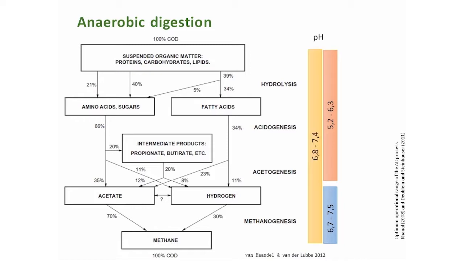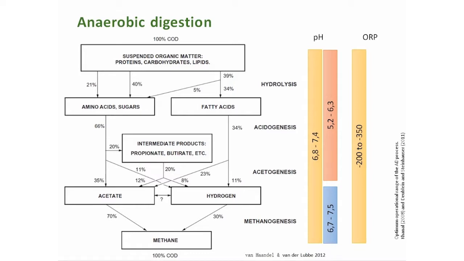So if we can have those two processes separated, then we can of course have a much more efficient process, because if we have them all together, the pH range optimal for the full consortium of microorganisms is much higher. So we need to maintain the pH for the methanogens.